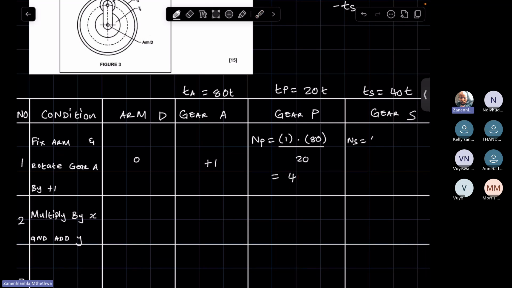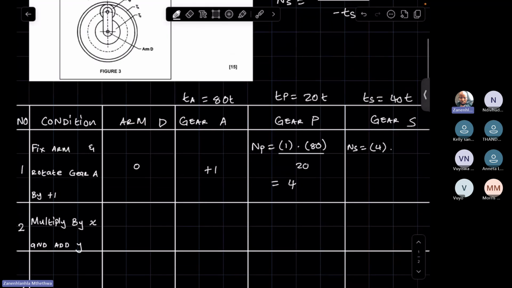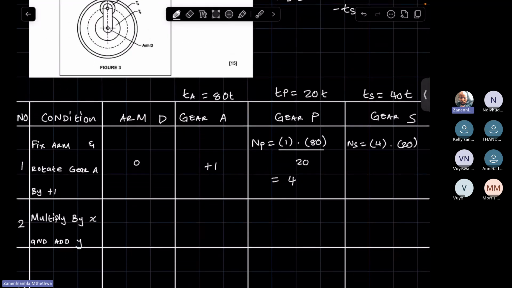So this will be positive 4 times TP, which is 20 teeth, divided by negative TS, which is 40. And what is this equal to? -2. -2.